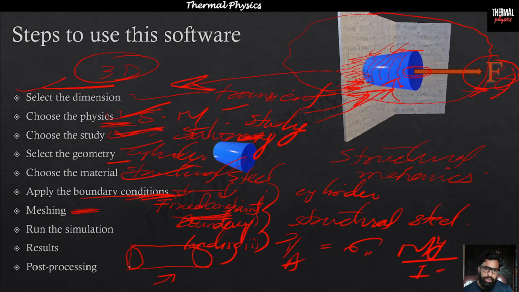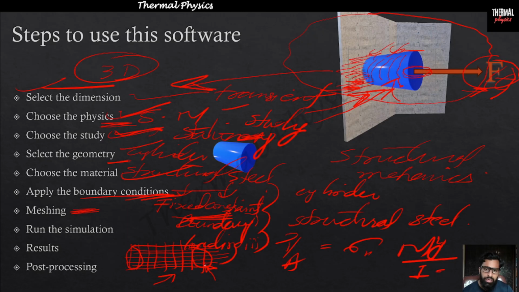What it does is it divides this whole domain into very small elements first, then applies the equation on one element using the boundary condition. It will apply it on this element, then it will solve it and calculate the stress at all points.